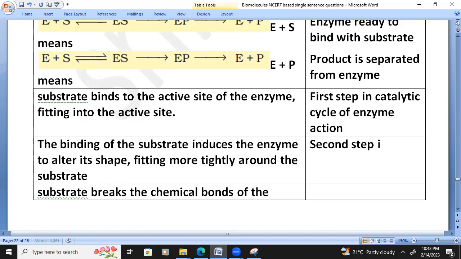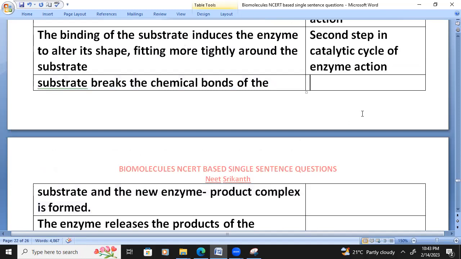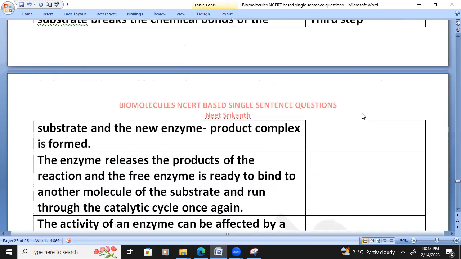That is the second step in the catalytic cycle. The enzyme breaks the chemical bonds of the substrate and the new enzyme product complex is formed. That is the third step in the catalytic cycle of enzyme reaction.